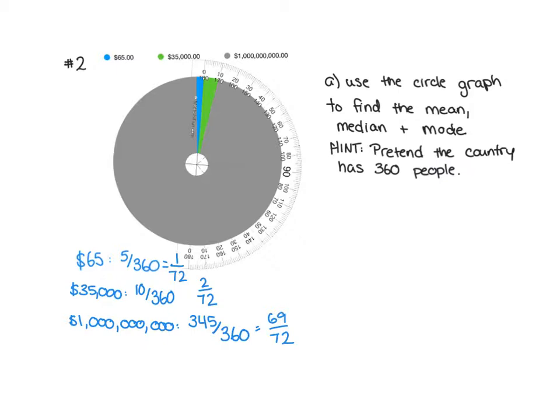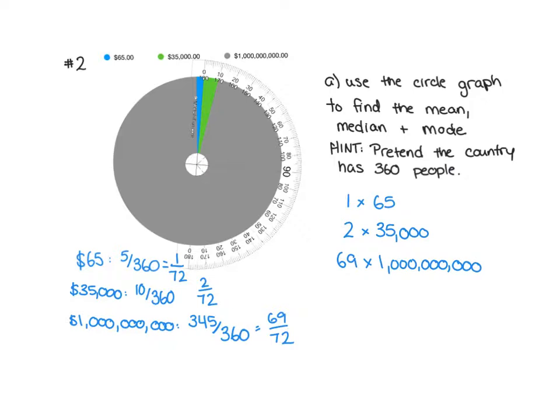To find our mean, we need to add up all of these numbers together. Now, this is where we're going to make some things a little bit interesting. If we just pretend that there's 72 people and we work with these fractions, we are going to have 1 person that makes $65, 2 people that make $35,000, and we are going to have 69 people that make $1 billion.